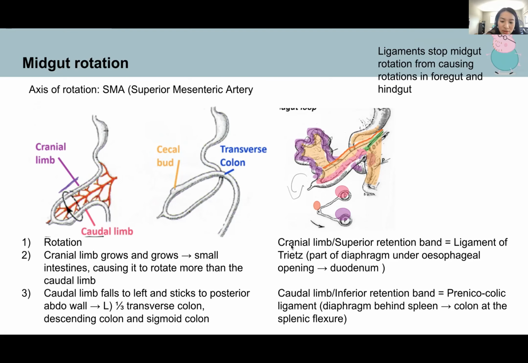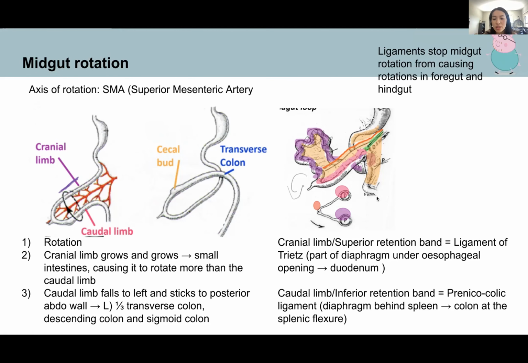Cool. I wrote the steps here. Another thing to note is that the ligaments are there to keep them in place. So as it's rotating, you don't want it to flop everywhere. You want it to stay in the midgut region. So there are two ligaments that you need to know of.